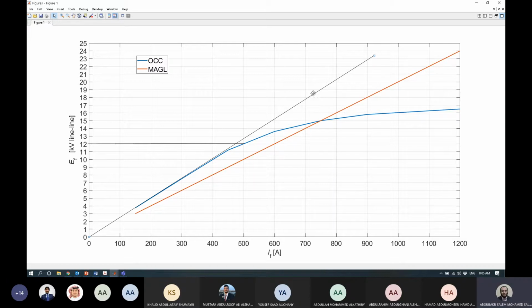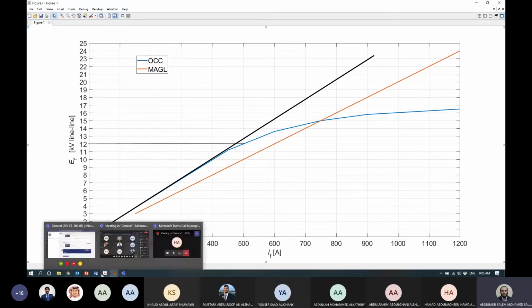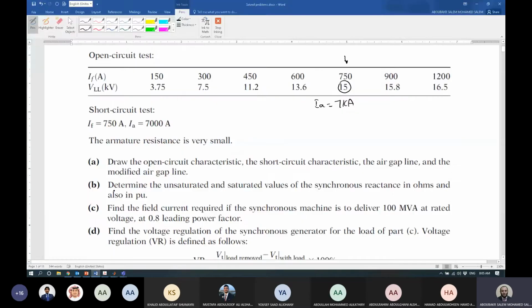So this line here can represent the air gap line. And the short circuit test is linear regression. We don't need to plot it here, and it's not important in the problem. However, it's required, so you should also make another scale for current and plot the waveform of current. So this is regarding the drawing of characteristics.